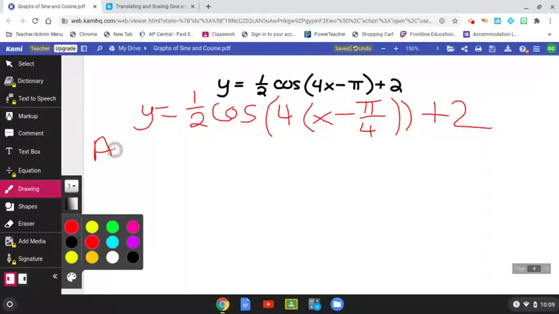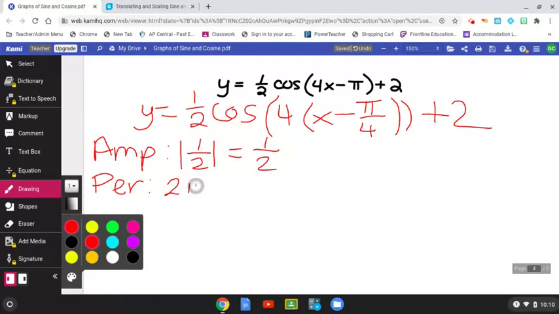Okay, so let's start by finding our amplitude. So again, the amplitude is the absolute value of A. That would be the absolute value of 1/2, which is 1/2. The period is going to be 2 pi divided by B, and B is 4. So 2 pi over 4 is going to simplify to pi over 2.